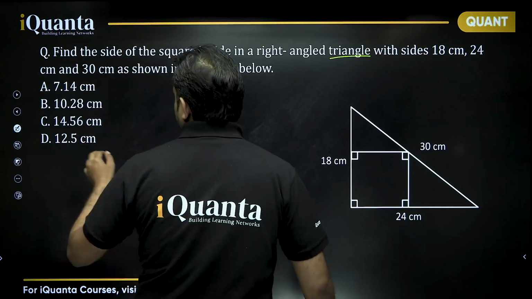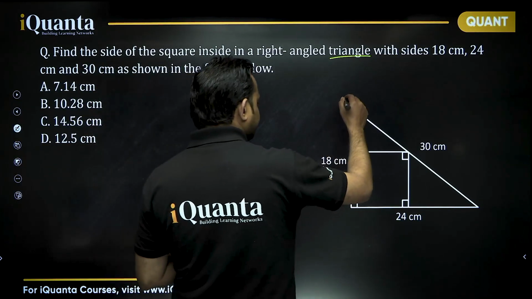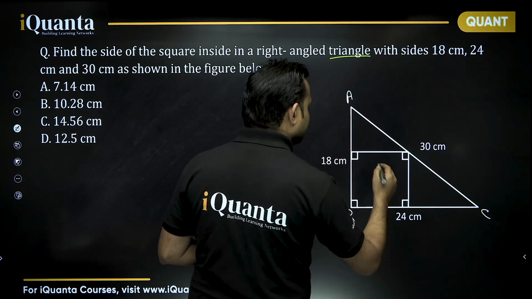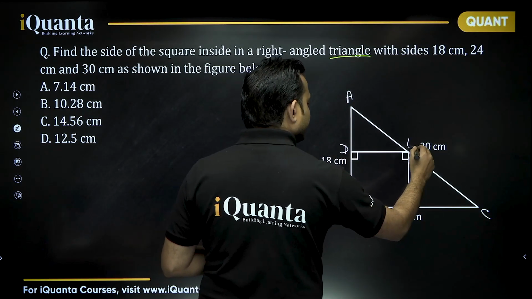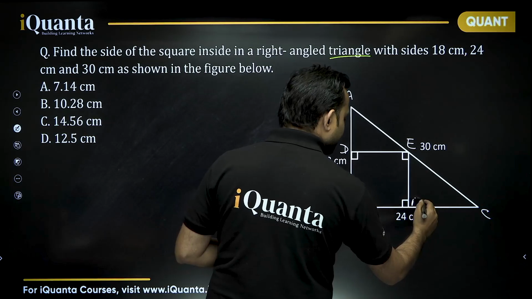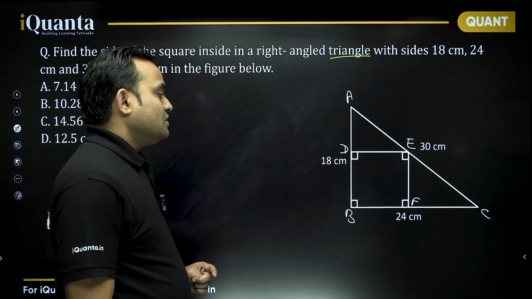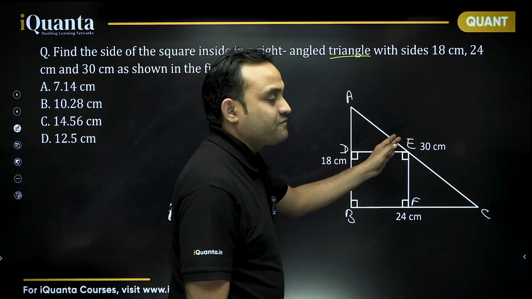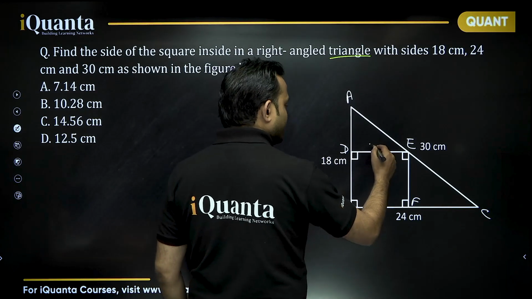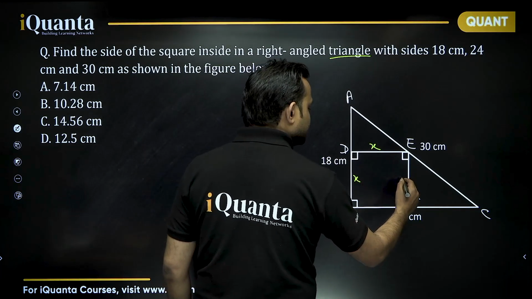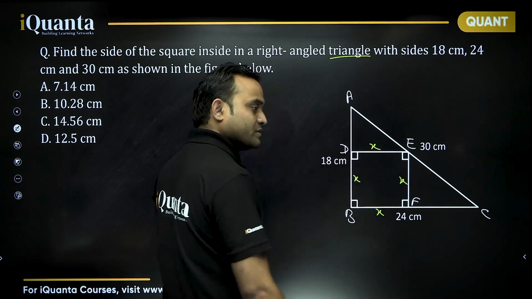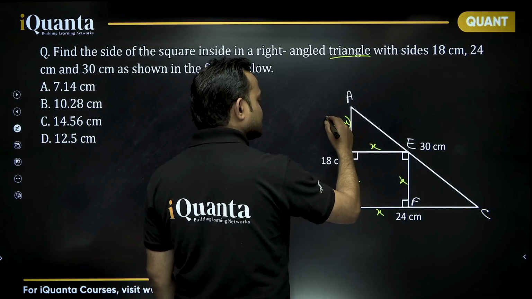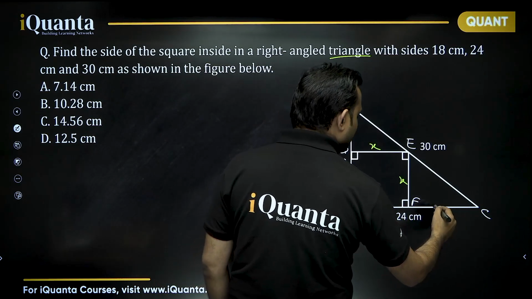So let's say this right angle triangle is A, B, C. This is D, E and F, right? So can we say if DBFE is a square, if this is x, this will be x, this will also be x, and this will also be x. Can we say AD will be equal to 18 minus x and FC will be equal to 24 minus x?